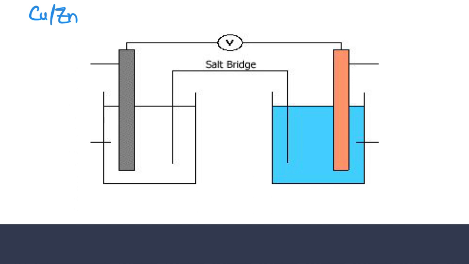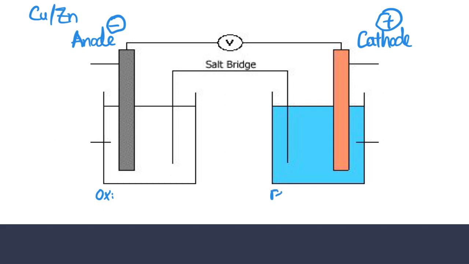It doesn't matter which side you pick, but we're going to say the anode is the left side and the cathode is the right side. In a voltaic cell, the anode is always negative, so I'm going to put a negative there, and the cathode is always positive. At the anode, oxidation occurs, so I'm going to get ready to write my half reaction there. At the cathode, reduction happens, so I'm going to get ready for my half reaction there.